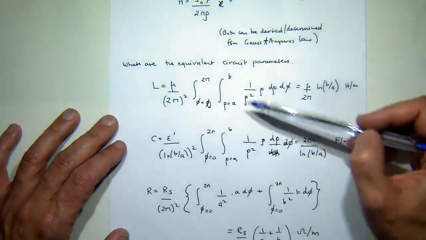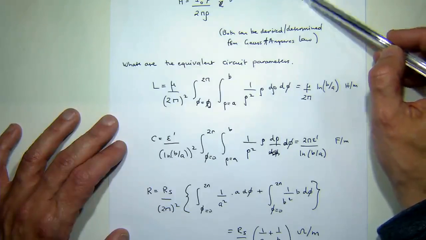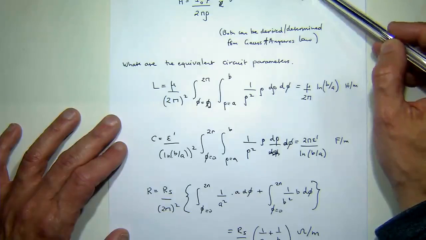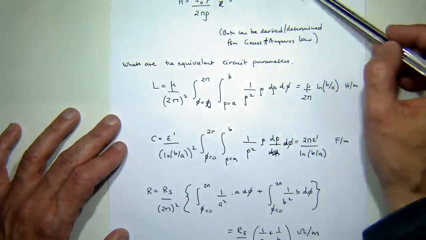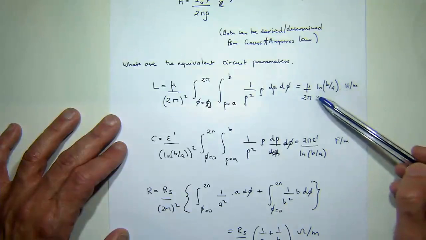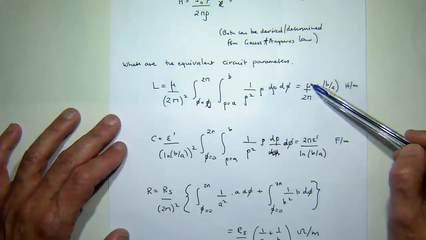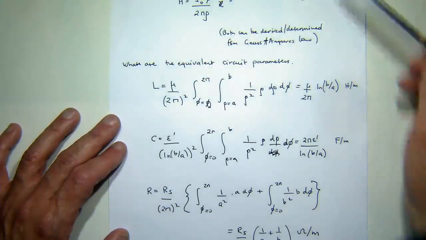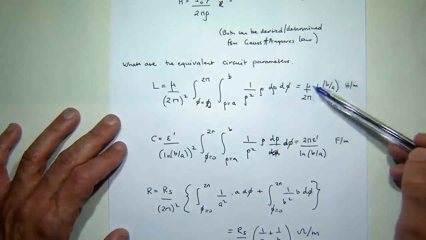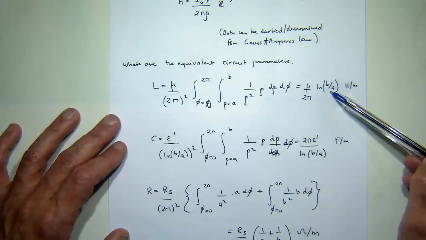If you integrate from the surface of the core to the sheath, and go over an angle from 0 to 2 pi, and since we don't have any magnetic materials in the area between the core and the outer sheath, the inductance is the permeability over 2 pi, times the log of the outer diameter to the diameter of the core.